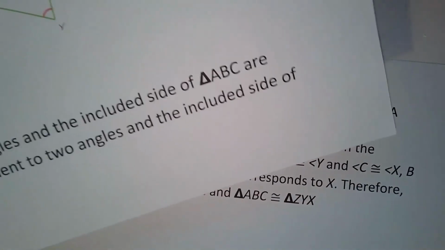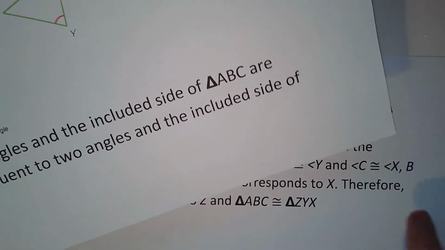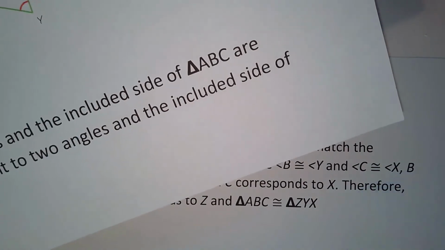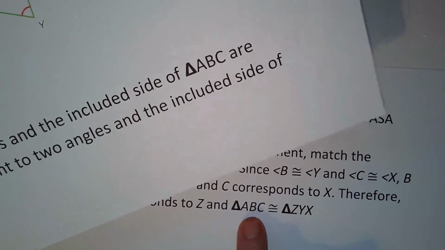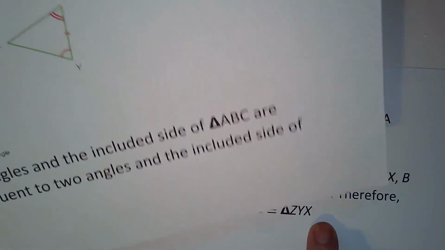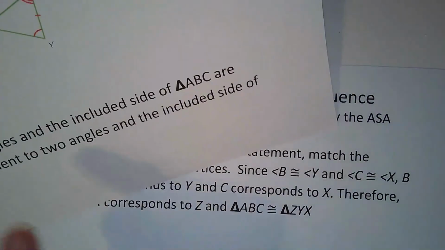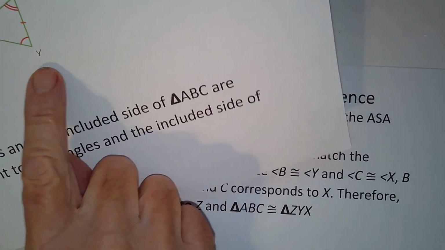And then lastly, they talk about point B corresponding to point Y and point C corresponding to point X. Okay, so B corresponds to Y, looks good. C corresponds to X, that looks good.